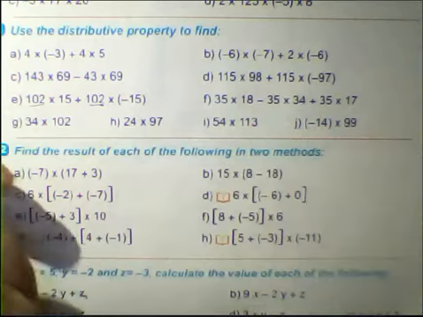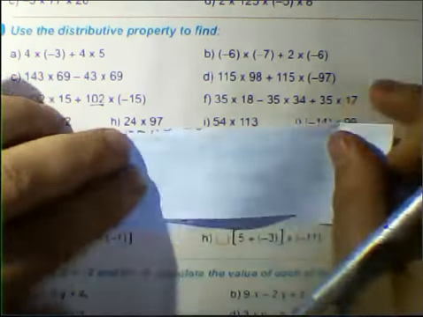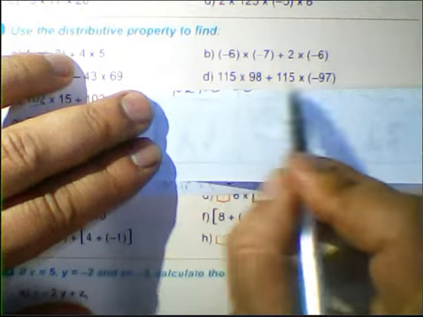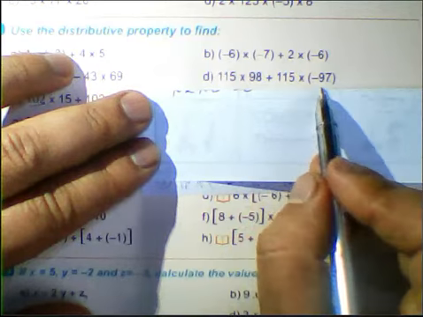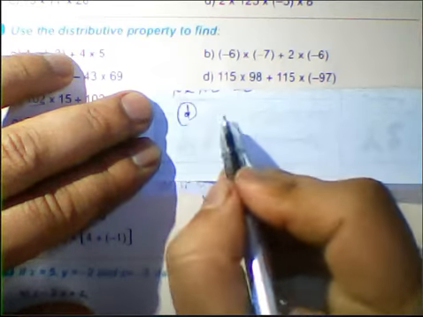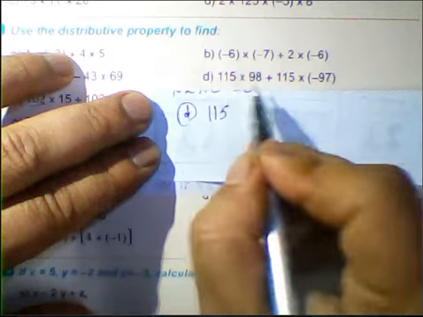Letter D. We have 115 times 98 plus 115 times negative 97. 115 is repeating in both terms.